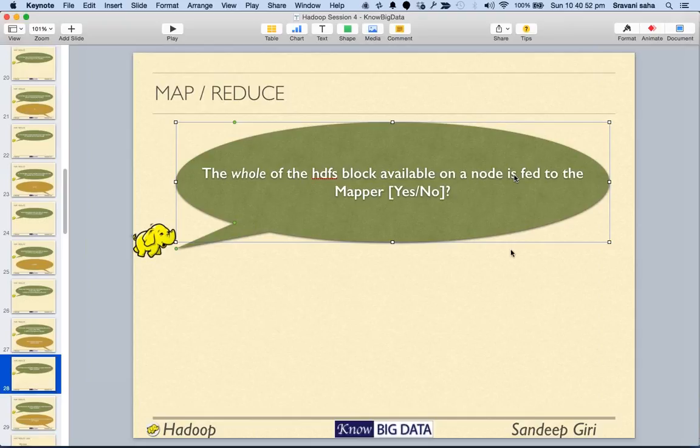Anyone? Which part, Aruna and Nitin, and Seth?